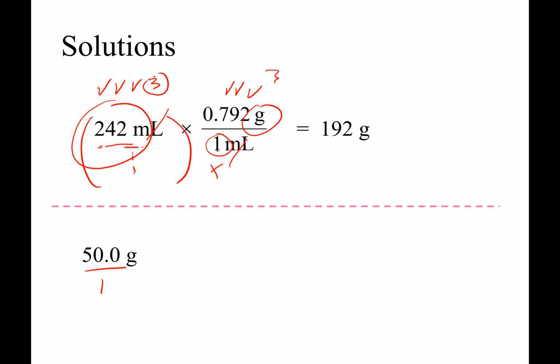Grams. Do you see in this case, we're going to use what I call the flipped version of density, 1 milliliter over 0.792 grams. That's legit. Now my grams cancel, I'm left with milliliters. Showing fingers, how many sig figs?